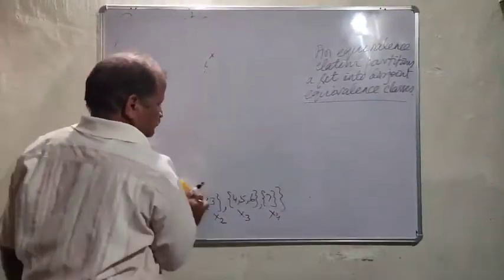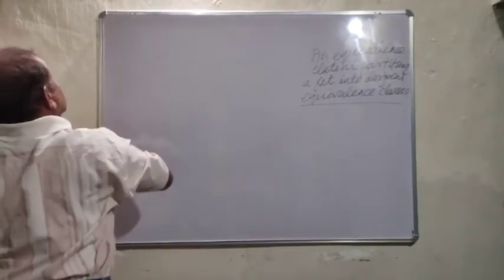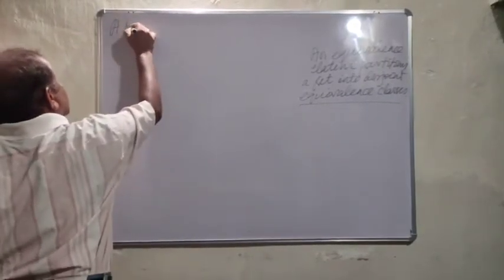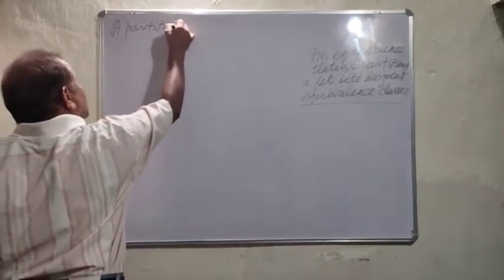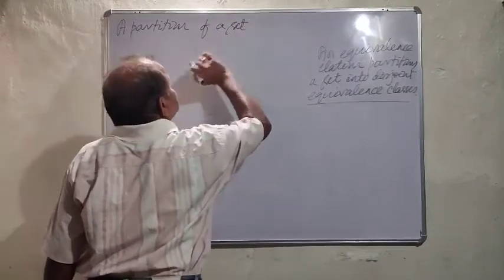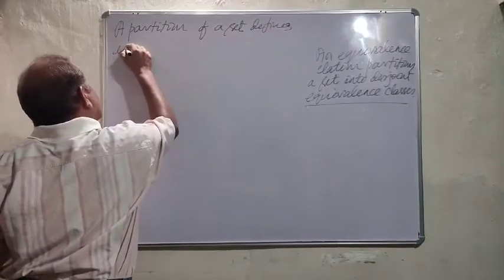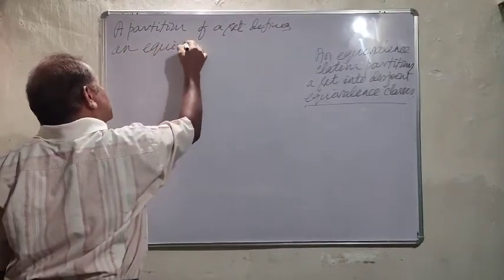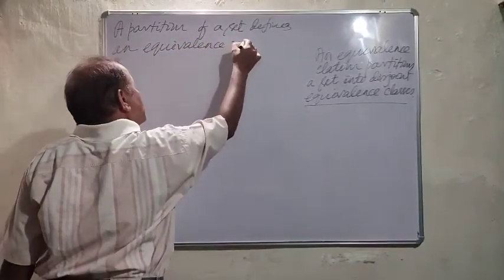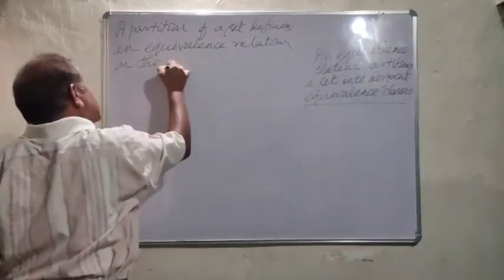How? Let a partition of a set X define an equivalence relation on the set. How?